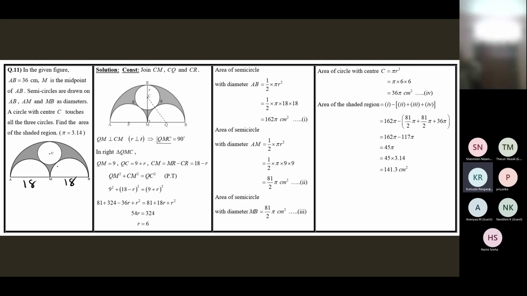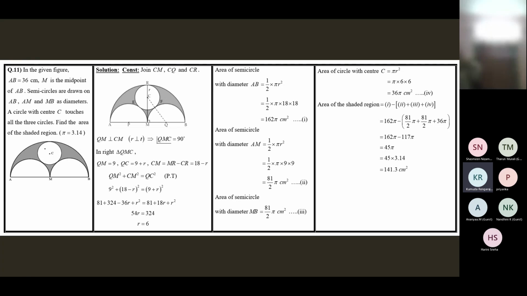These are two equal semicircles, so the diameter of each semicircle is 18 and the radius will be 9. So you know the radius of the outermost semicircle, 18, and of the two small semicircles, 9 and 9.